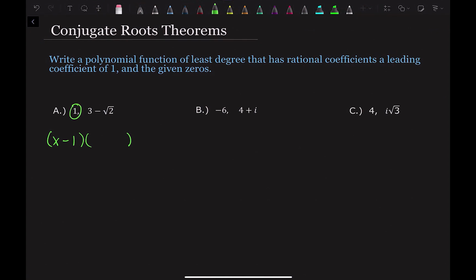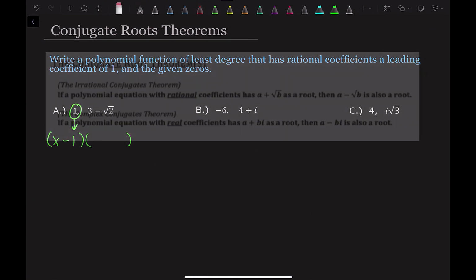So this 1 goes into a polynomial that has x minus 1. We can do the same thing with the next of the zeros. But first, let's actually take a look at those theorems.